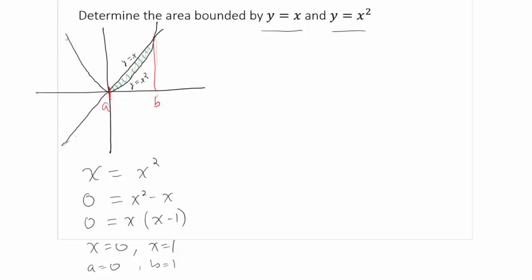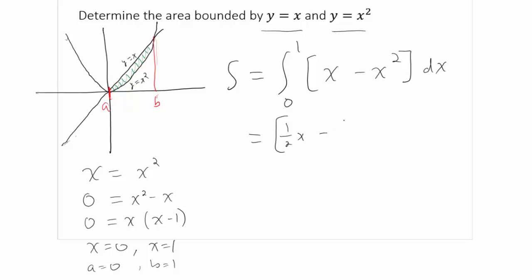To find this area, which I've called S, it would be the integral from 0 to 1 of x minus x squared dx. We can calculate the antiderivative. That's 1/2 x squared minus 1/3 x cubed, evaluated from 0 to 1.